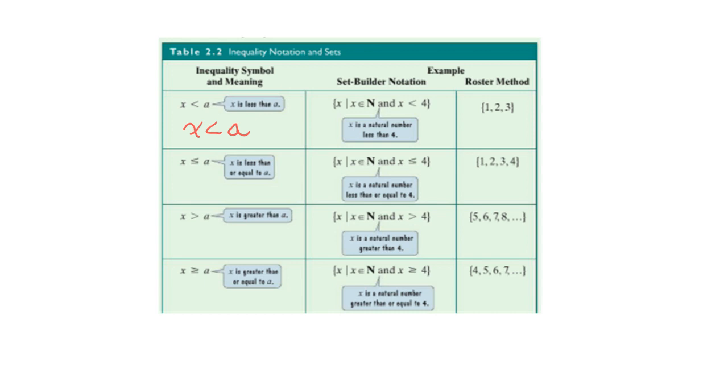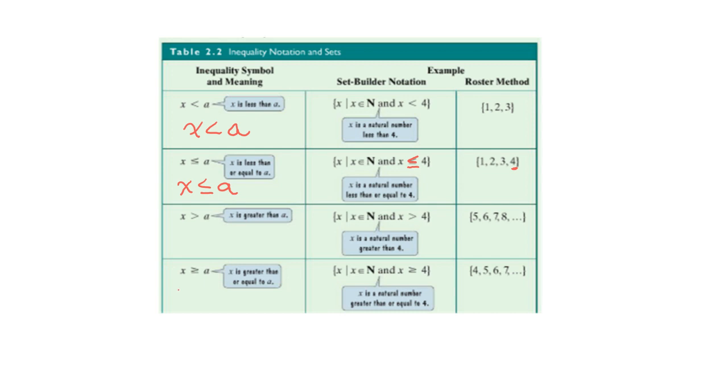So you can go through each one of these. When you're using the less than or equal to or the greater than or equal to, that means you can actually use the number that it's referring to. x is less than or equal to 4. That means we're going to include the number 4.